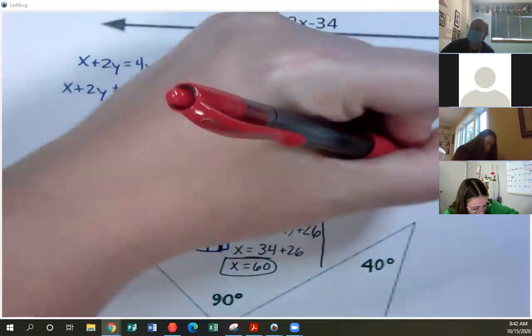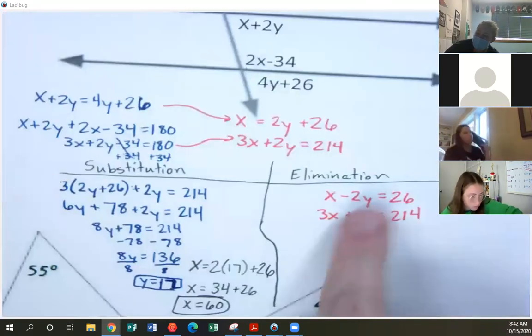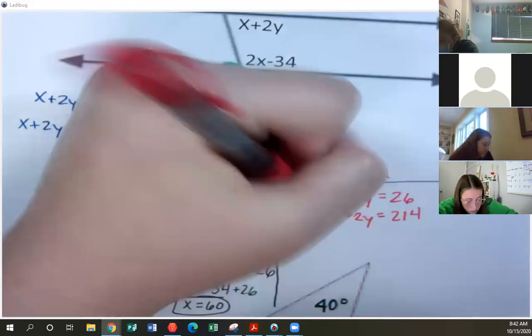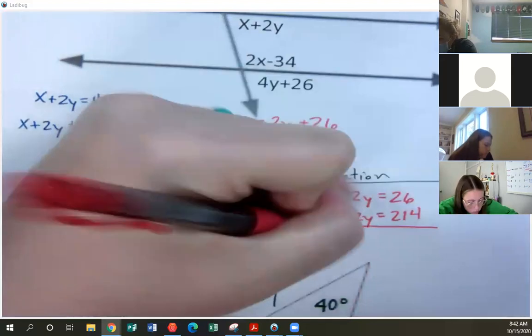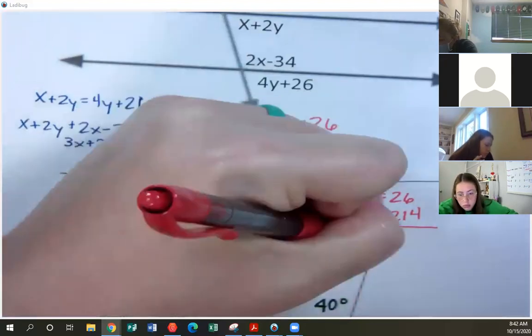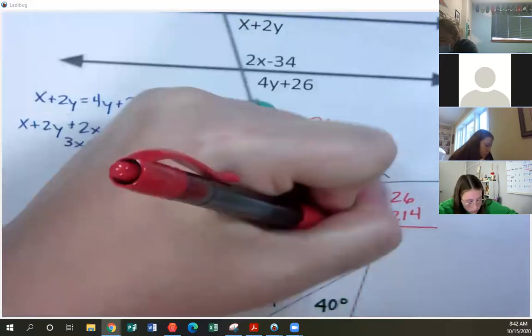If you see now, we've got a negative 2y and a positive 2y. So it's a really pretty equation. All we have to do is add both of them and get 4x. These cross out, and this becomes 240.